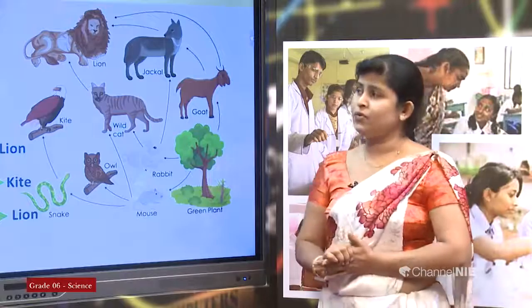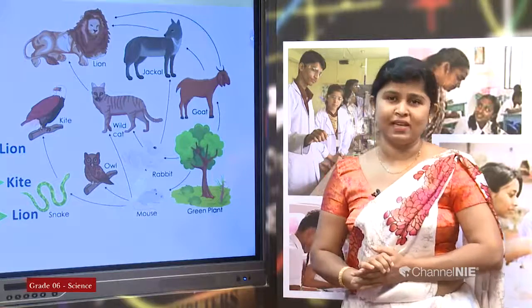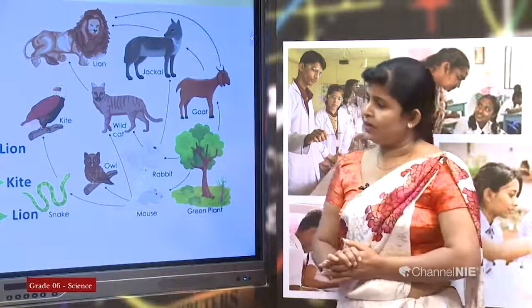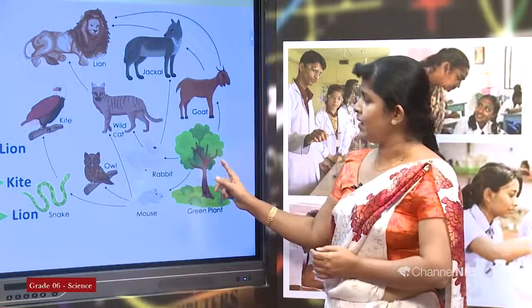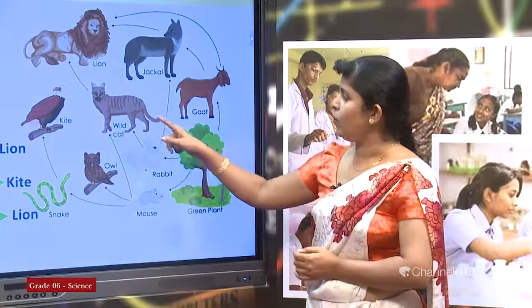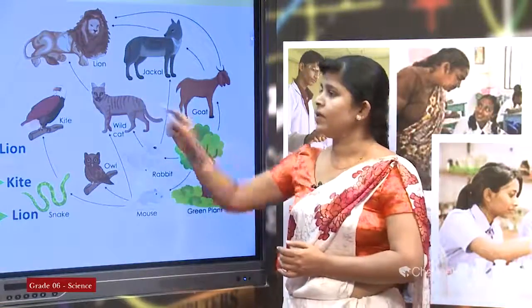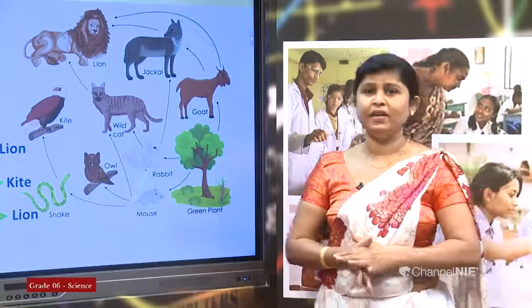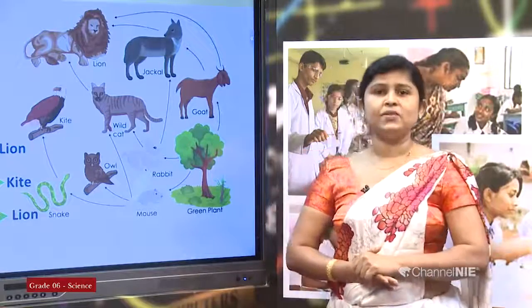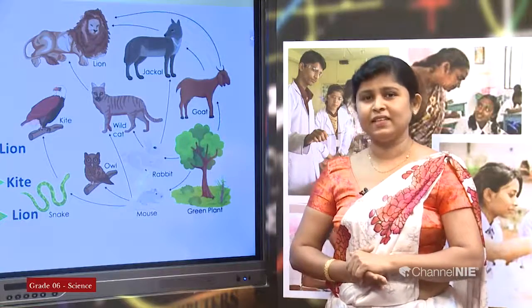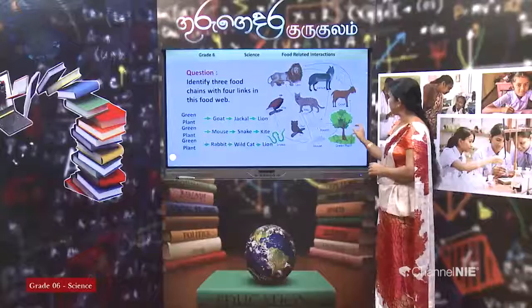Because you are asked to find out food chains with 4 links. That is the reason. Then look at the last one. Green plant, then rabbit, wildcat and the lion. There are 4 links. Now we have already identified 3 food chains with 4 links, right? Are your answers correct? Yes, good.